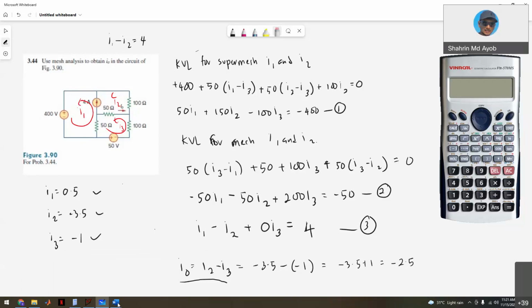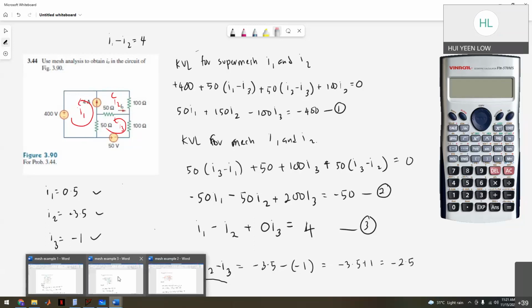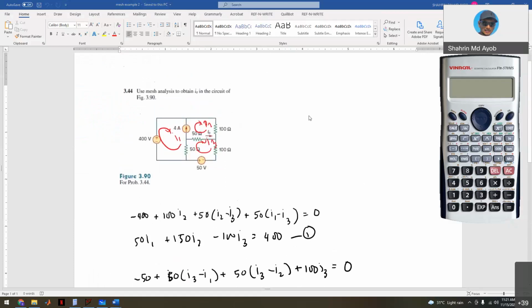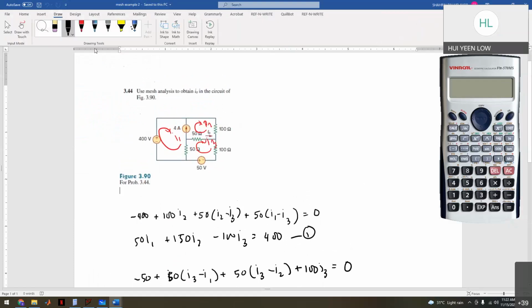Can you repeat? Like I do the circuit in clockwise. Yeah, meaning like this. Let me show. Okay, this one like this. Can you see? Yes. And then your super mesh is anti-clockwise? No, the super mesh is opposite to the current IO.